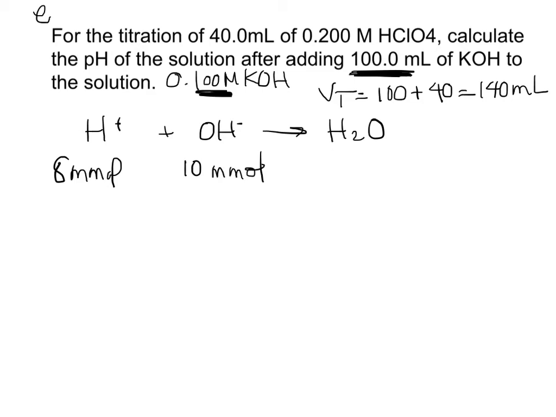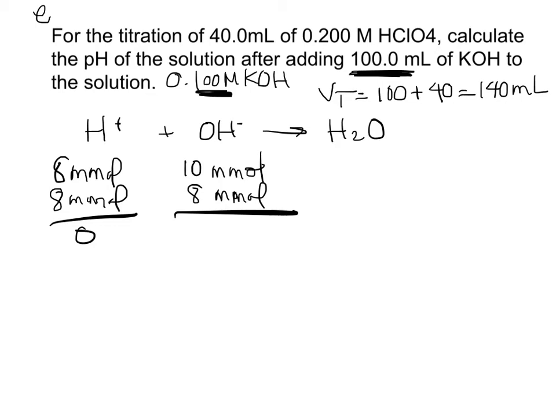We're going to use up all the acid in our neutralization, using 8 millimoles of base, and we're going to have 2 millimoles of base left over. Since we have excess base, we're going to calculate the OH concentration. Then I'm going to have to solve for pOH and subtract it from 14 to get pH.